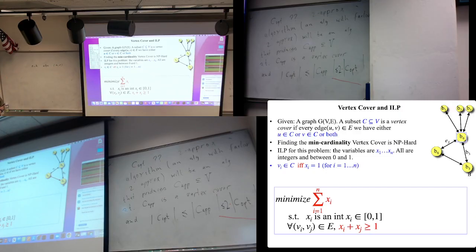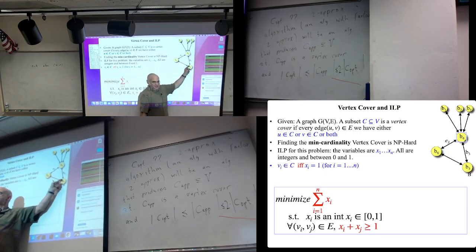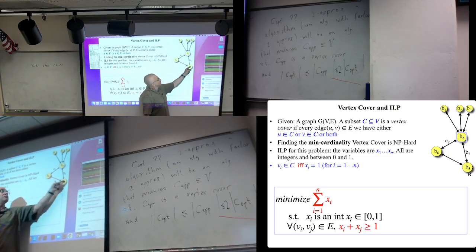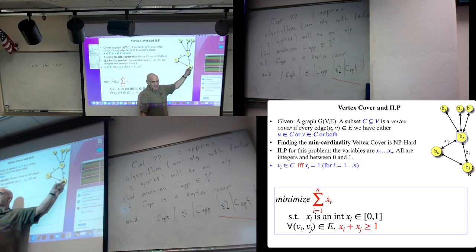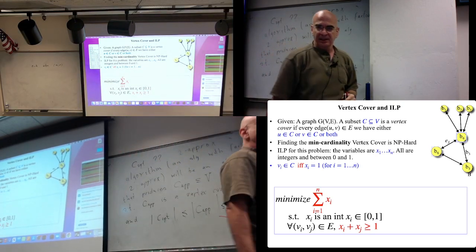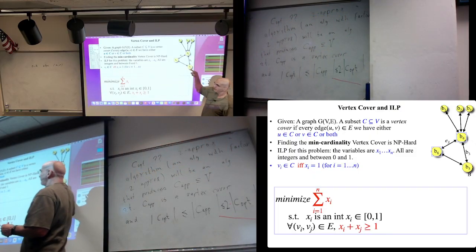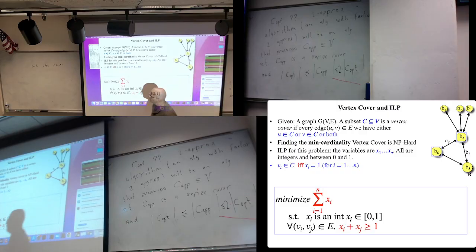I'll pick an edge UV. Say, I'll start from this edge. From this edge, I know that in C opt, one of these 2 vertices must be in C opt. If you remember, that was the set cover that I got in C opt for this graph. One of its 2 vertices must be in C opt.